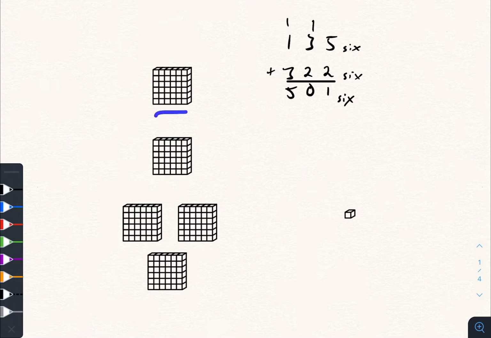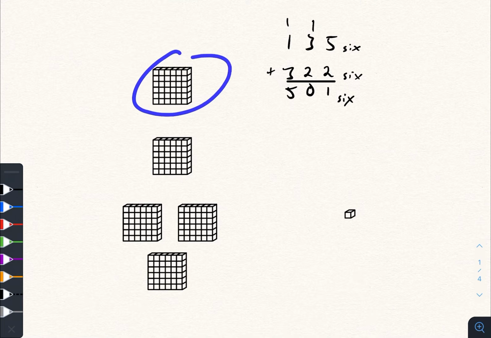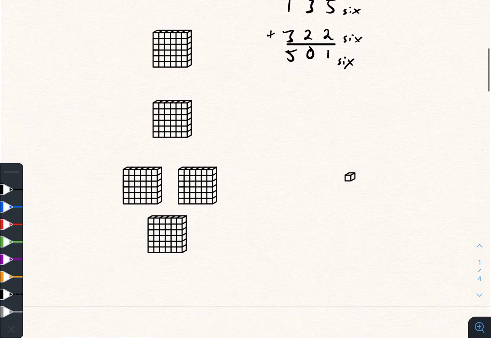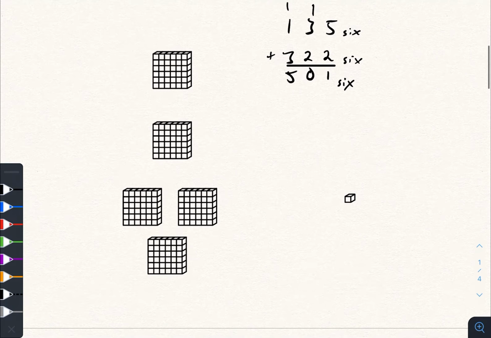And now I have 1 plus 1 plus 3 groups of 6 squared, and that makes 5 groups of 6 squared. And we don't have to do an exchange here. If we had 6 or 7 of these total, then we would exchange those for a 6 cubed block, but we don't have to here. Okay, so this is equal to 501 base 6.